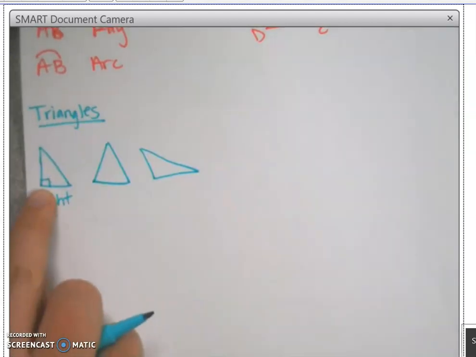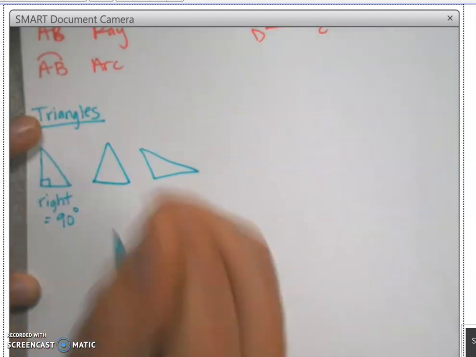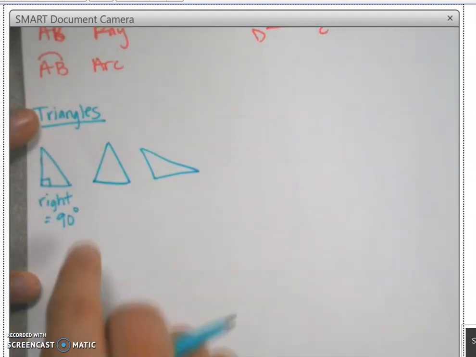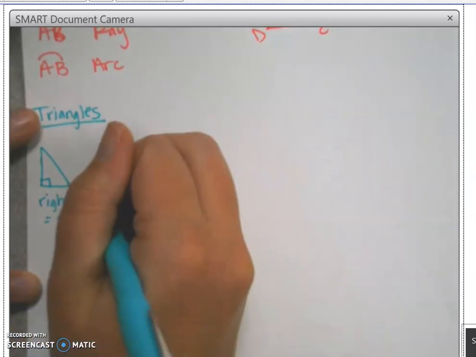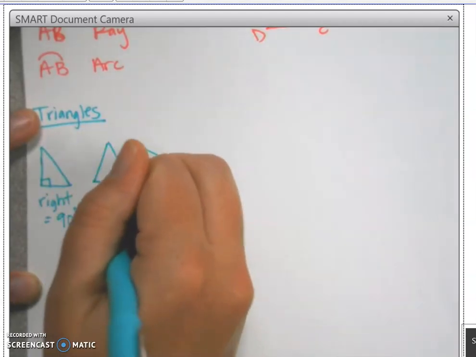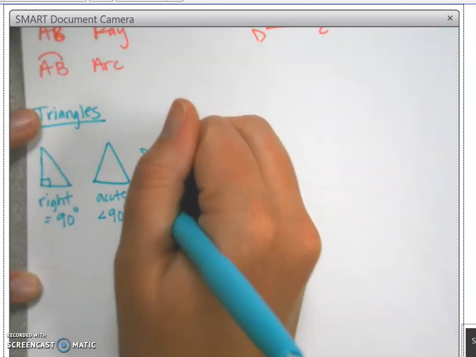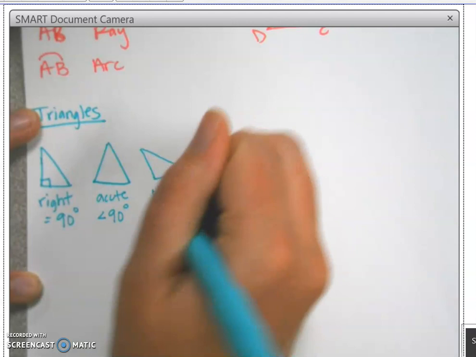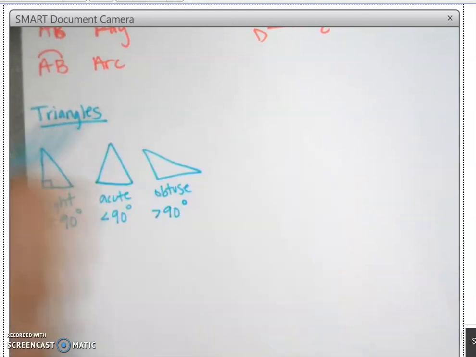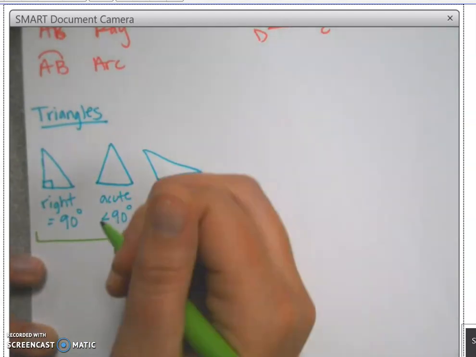We know that because there's a box in the corner. If you see the box in a corner, it's automatically a right angle and it equals 90 degrees. If all of your angles are less than 90 degrees, we call that acute. And if you have one angle bigger than 90 degrees, we call that obtuse. And like I said, all 3 of these are named by their angles.